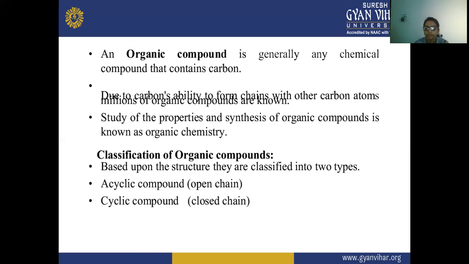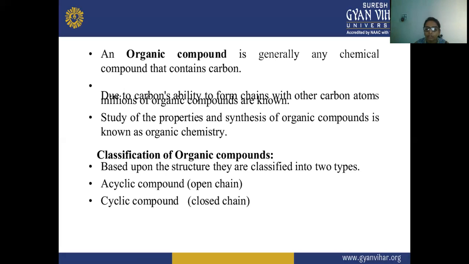So it has 4 electrons in the outermost orbit, and it has the capability to form bonds with other atoms. So carbon has the ability to form chains with other carbon atoms, and millions of organic compounds are known. The study of the properties and synthesis of these organic compounds is known as organic chemistry.